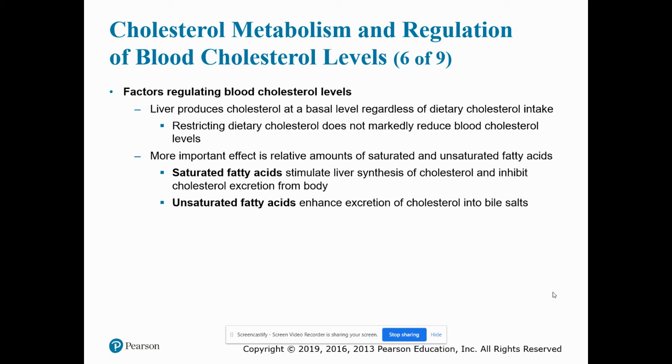The more important effect is the relative amount of saturated and unsaturated fatty acids. Saturated fatty acids stimulate the liver's synthesis of cholesterol and inhibit its excretion from the body. Unsaturated fatty acids enhance excretion of cholesterol into bile salts.